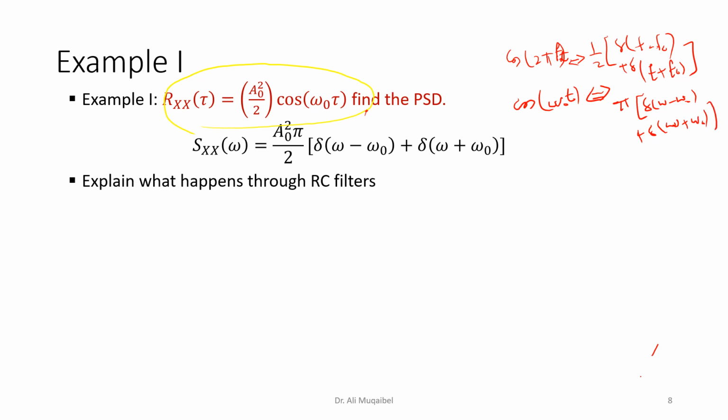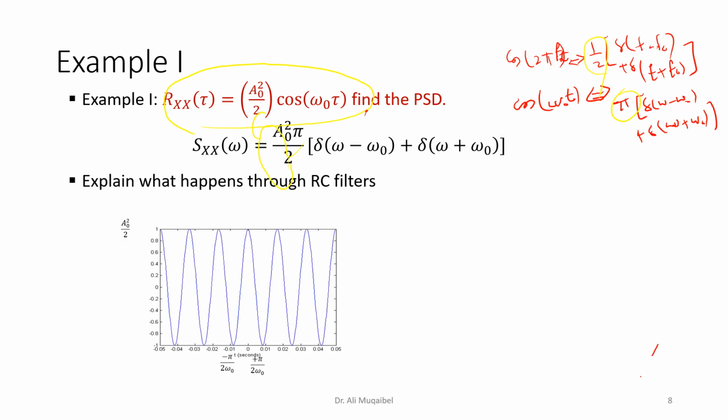So if you're using the omega variable, there is a pi here. If you're using f, there is a scale of 1/2. This is why here we got A squared over 2 from the original expression, and then we get pi multiplied by the deltas, which is the Fourier transform of the cosine.